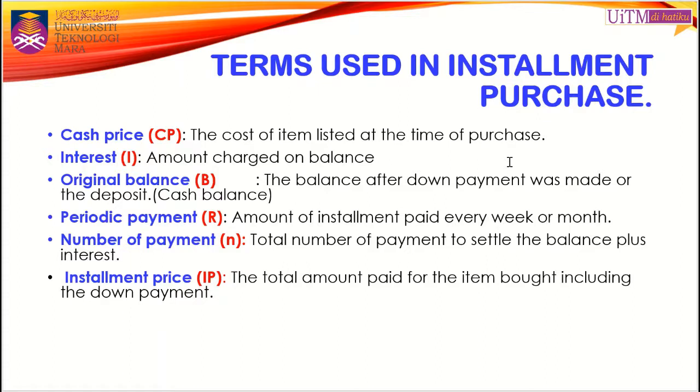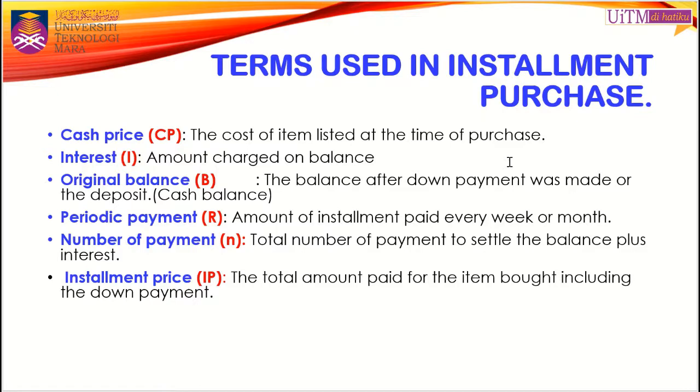Let's say you buy a product, pay a down payment of 10%, and the balance you will pay by installment for 12 months. In this case, the number of payments that you have to make is 12, which is equivalent to 12 months.